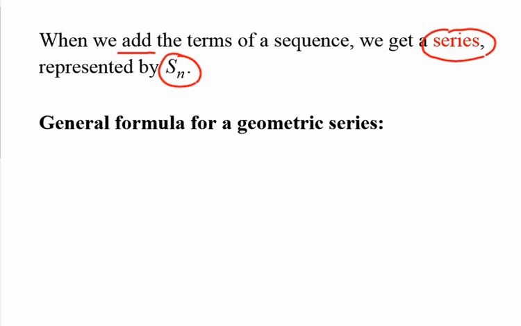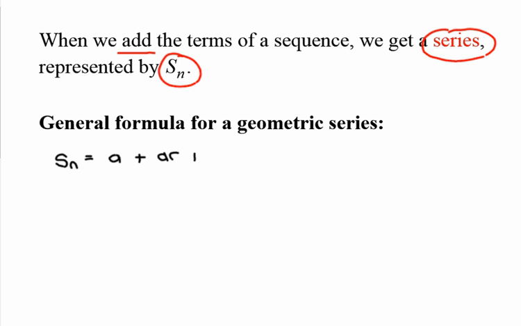So let's have a look at what a geometric series looks like and develop that formula. So would you agree that I can write out a series of geometric terms? Remember, we use an Sn. So I've got my Sn, my first term is A. I add my second term, which we know is AR.